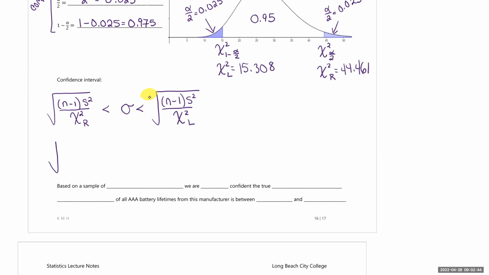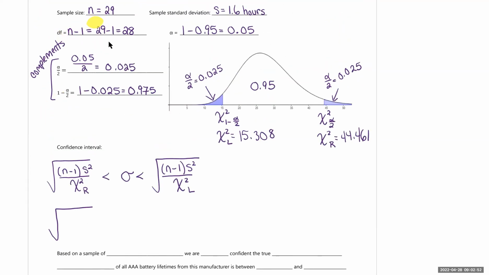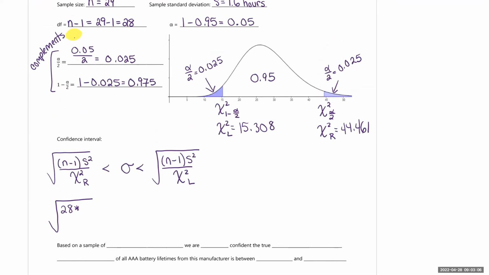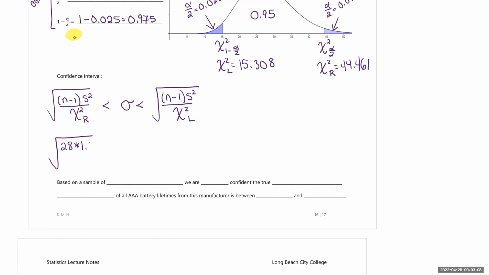So I'm going to substitute. Now we actually already found n minus 1, right? 29 minus 1 is 28. So I usually just put 28 since we already know what that number is, and then I don't need the parentheses. So I'm just going to type times, and then s was 1.6, the sample standard deviation, that gets squared.